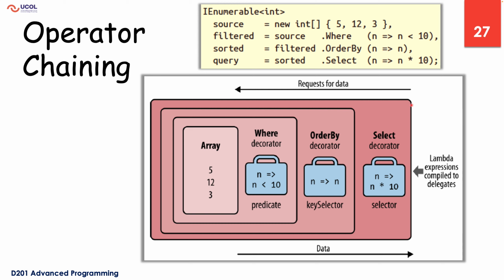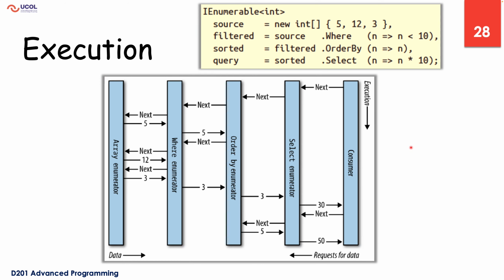The request starts from select, then goes to the order by, then to the where, and then reaches the original data, and then the data is served in the reverse way. The same thing can be defined in another way: the request is going from right to left, and the data is coming from left to right.